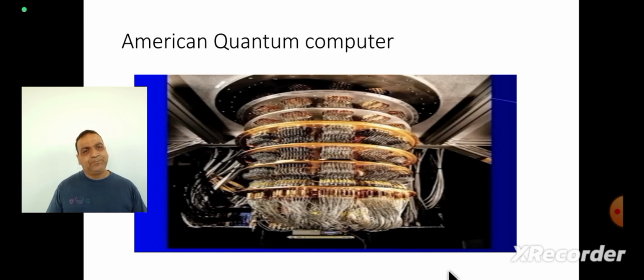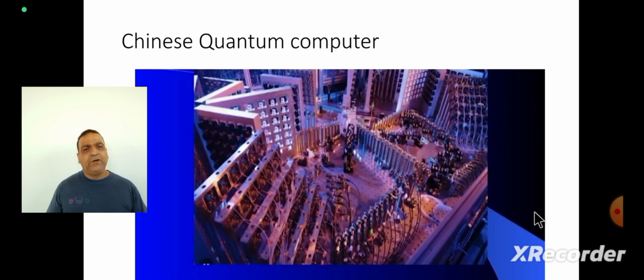And if we move on to the other part of the world, now this is a Chinese quantum computer. Now Chinese people are manufacturing, or trying to design, a quantum computer based on photons.